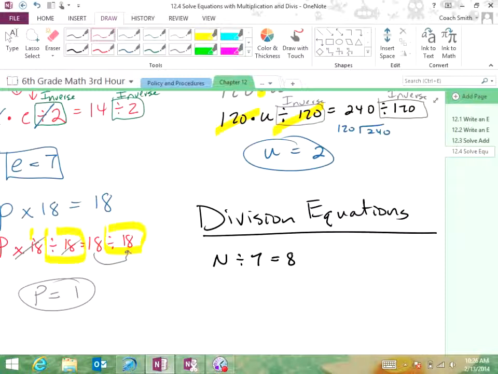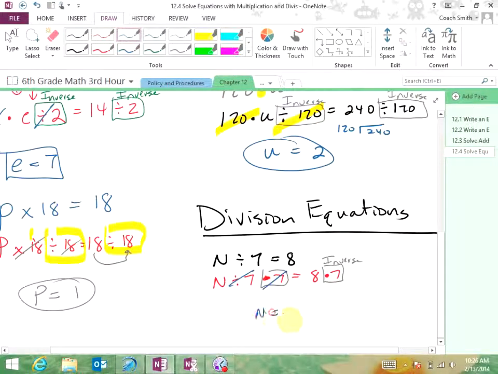What am I dividing into N? 7. So, N divided by 7 times 7, equals 8 times 7. Again, inverse, inverse. These cancel, leaving me with N is equal to 56.